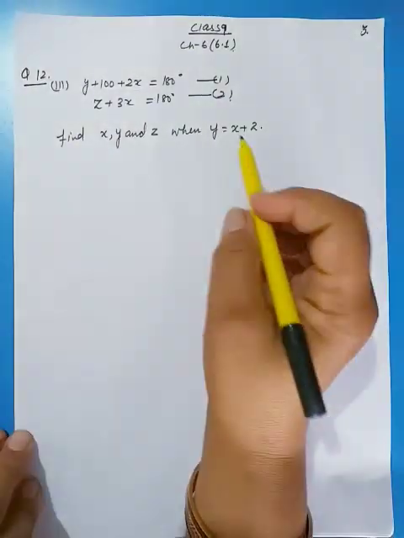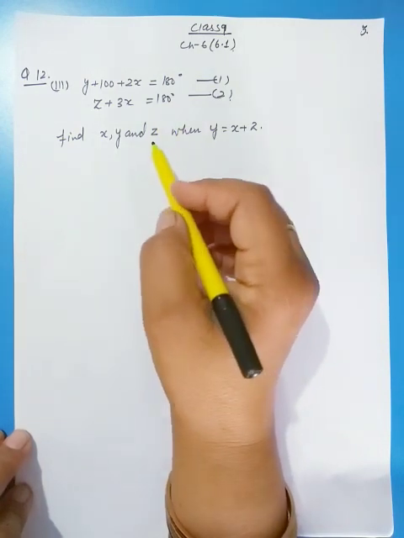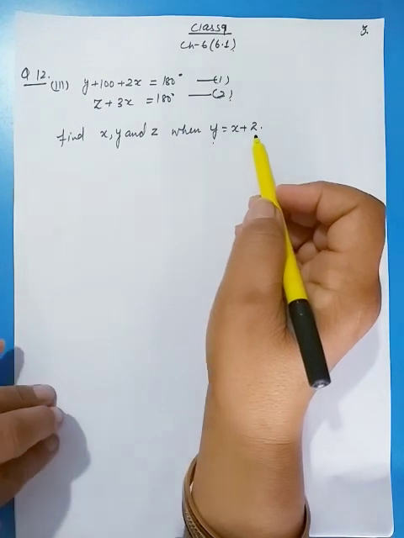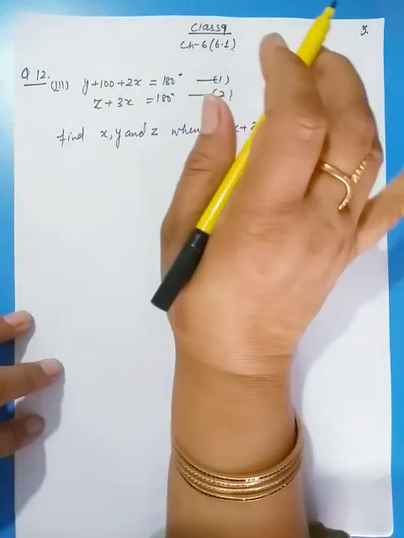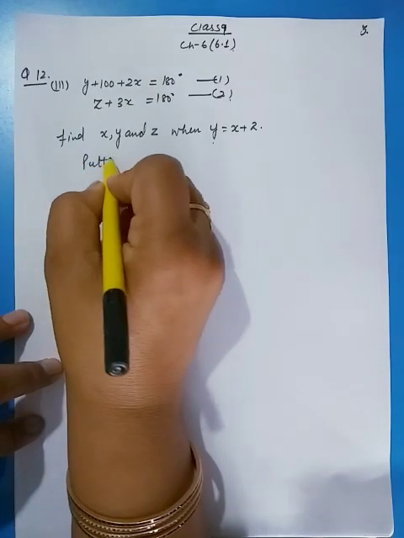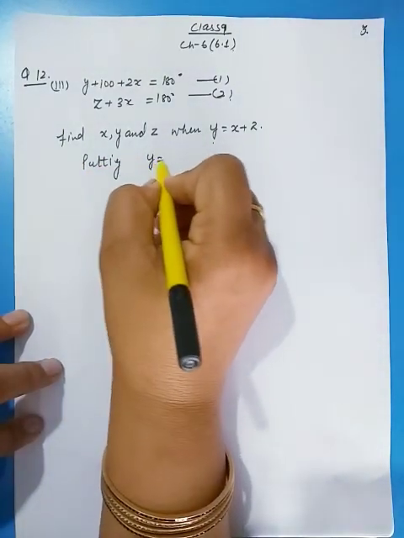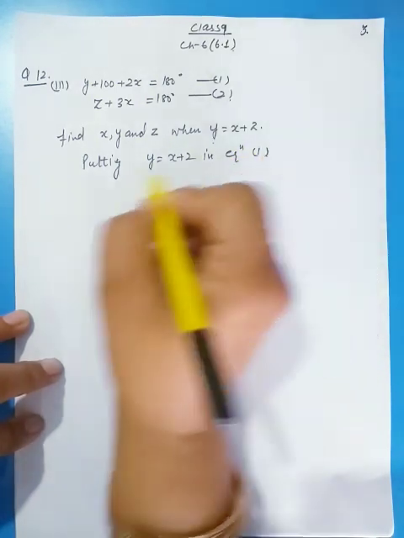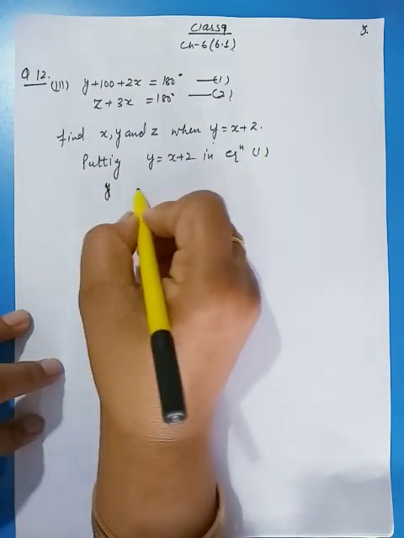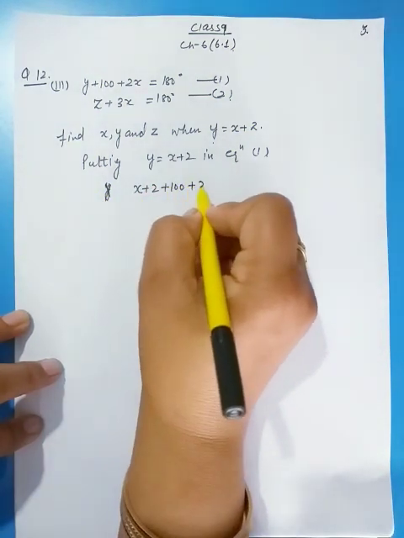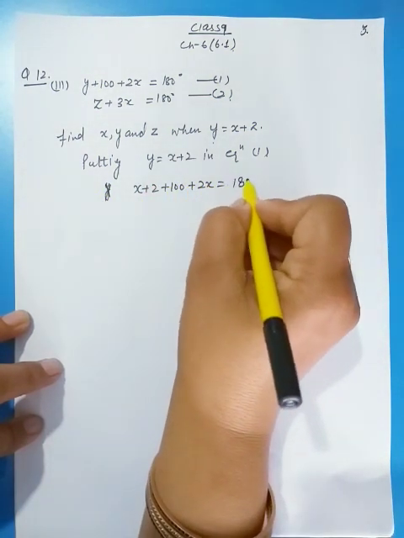Now question 12, part number 3. Now y is given to you as x plus 2. Again we have these two equations. So putting y is equal to x plus 2 in equation number 1, it will be x plus 2 plus 100 plus 2x is equal to 180.